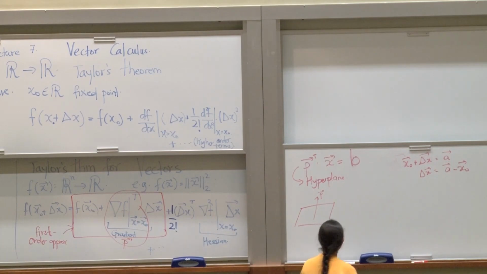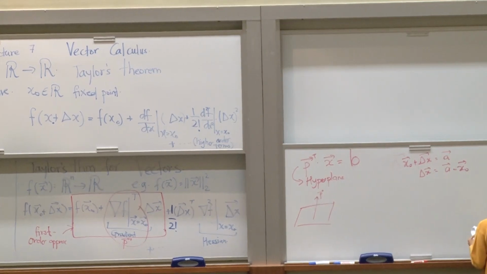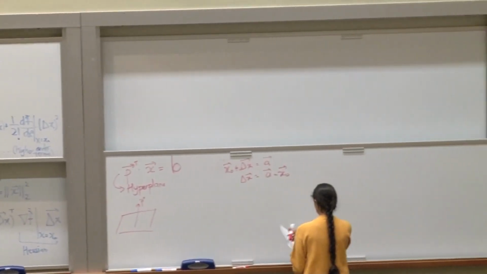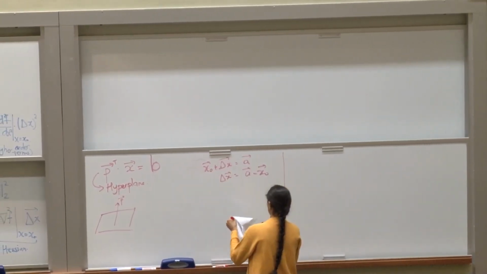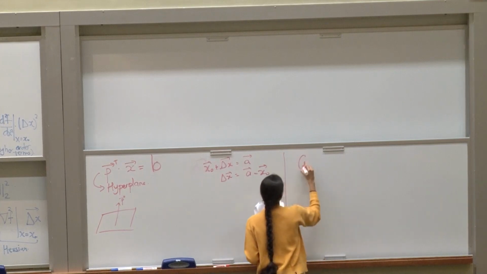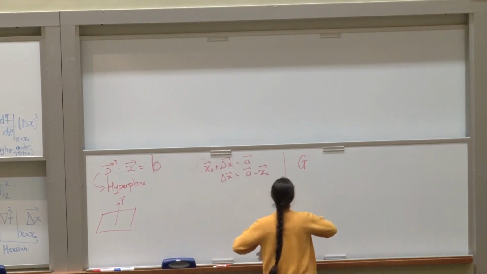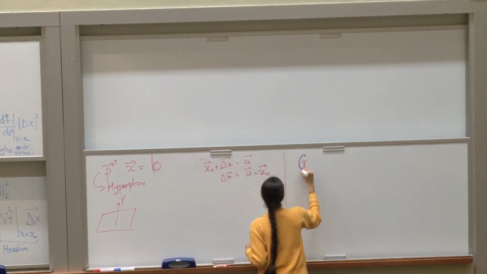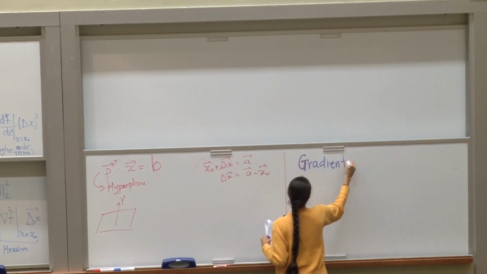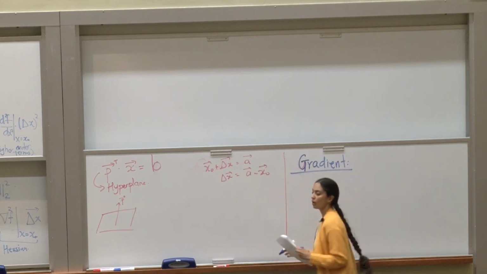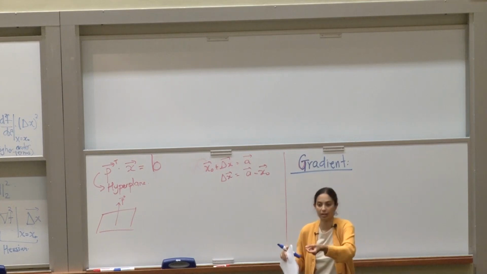So now, let's actually define this gradient a little bit more. I want to now describe how a function changes with respect to a vector.